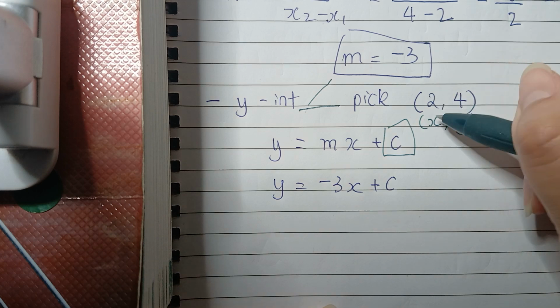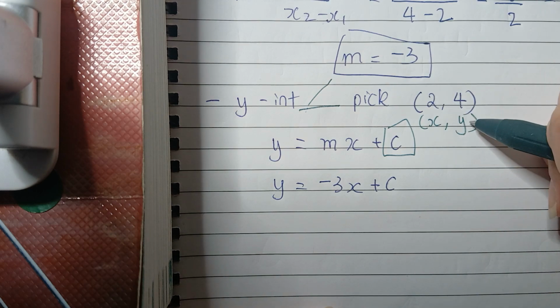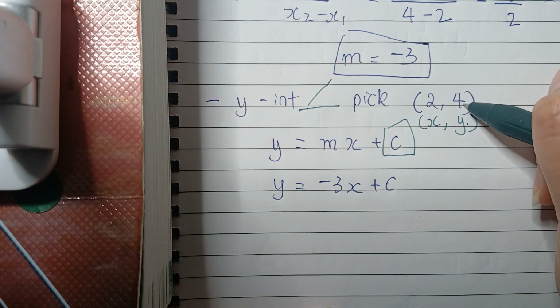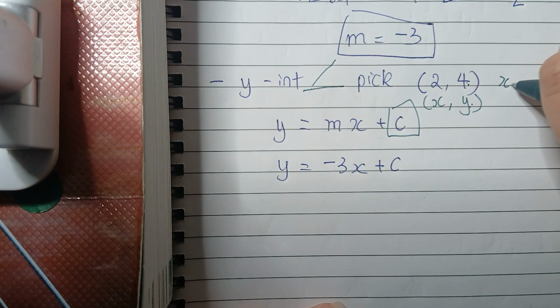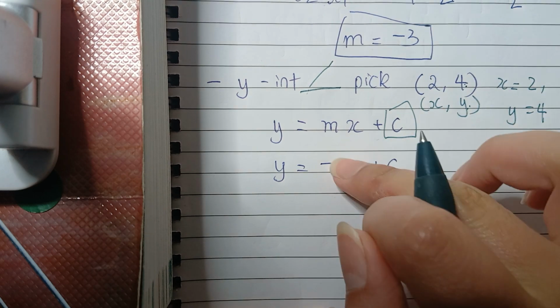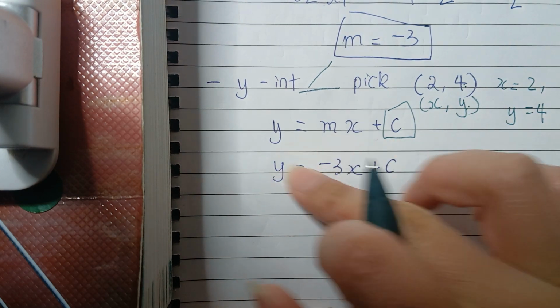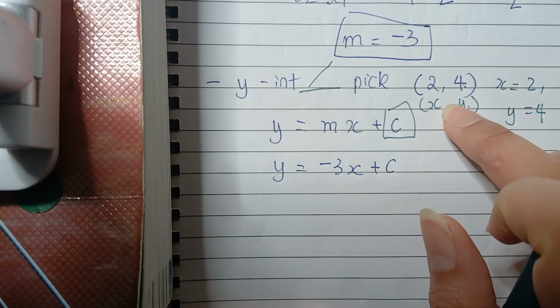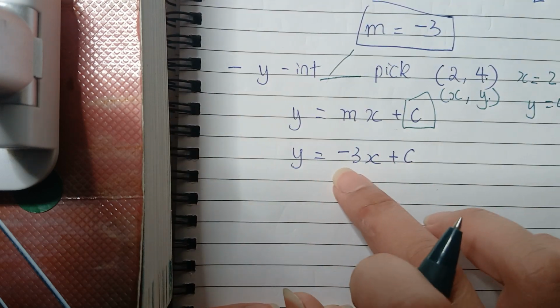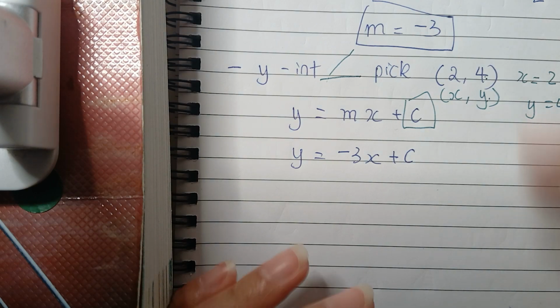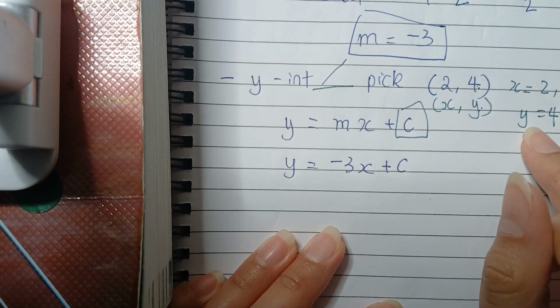In this case, 2 represents x and 4 represents the y value. So here I have x equal to 2 and y equal to 4. Now I sub these values into the equation, because these points belong to this equation with the gradient equal to negative 3.